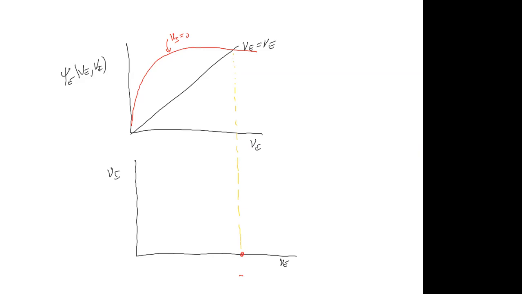Okay, so now we increase inhibitory firing rate a little bit. And again, nothing much happens. We get a point here. But eventually, a point appears at some firing rate right here.